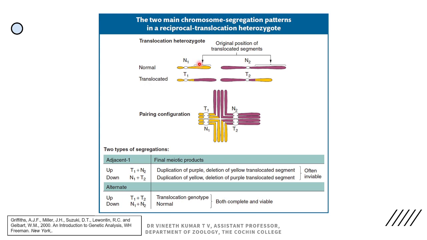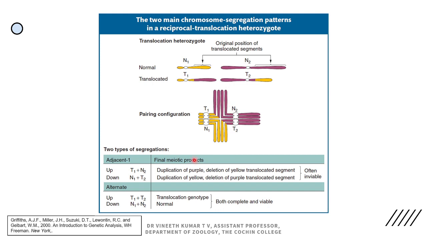A piece from one is shifted to two and a piece from two is shifted to one. So these are the translocated ones and these are the normal ones. During pairing, they will attain a cross-like configuration like this, so that the same genes or same loci come together, and a cross-like meiotic pairing can be seen.